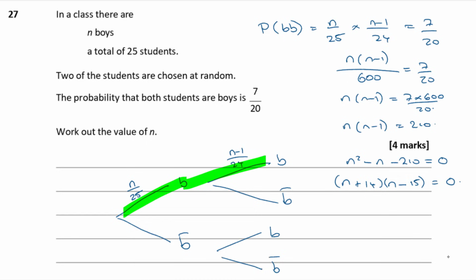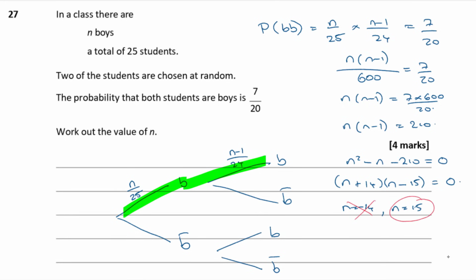So I've got (n+14)(n-15), giving me solutions that n is minus 14 or n is 15. Now, one of those solutions makes absolutely no sense. I can't have negative 14 students or boys. That makes no sense. So it has to be that one there.